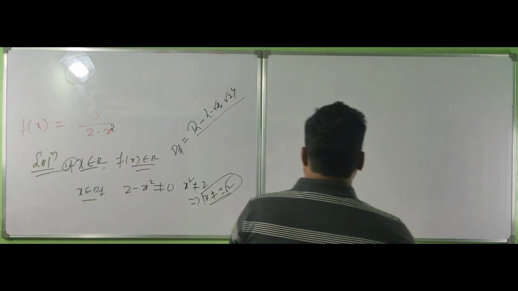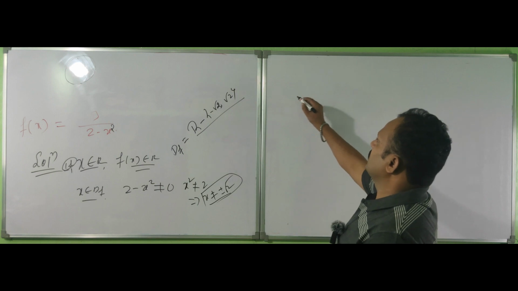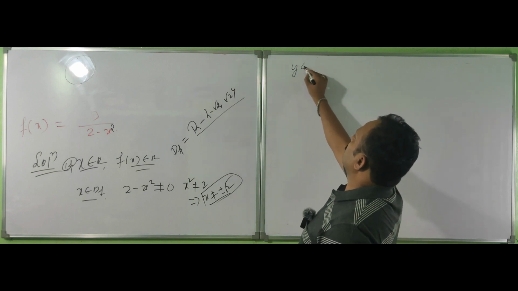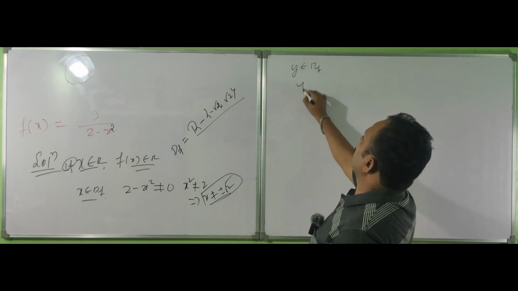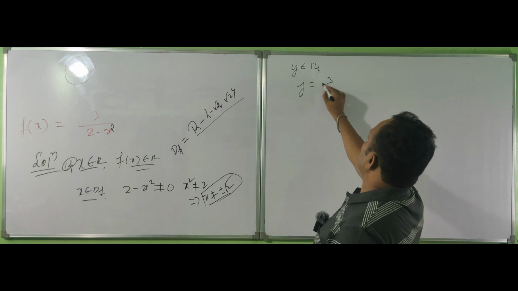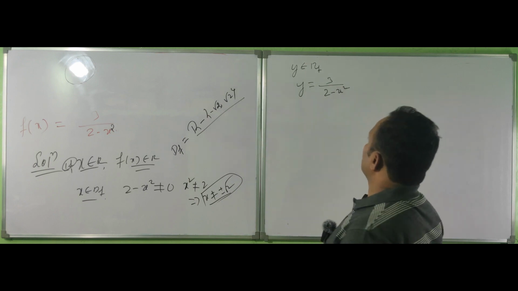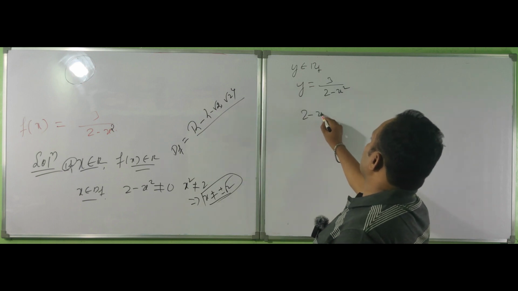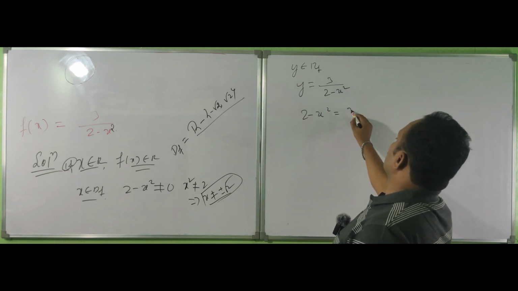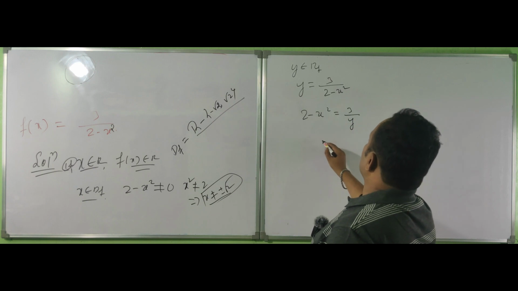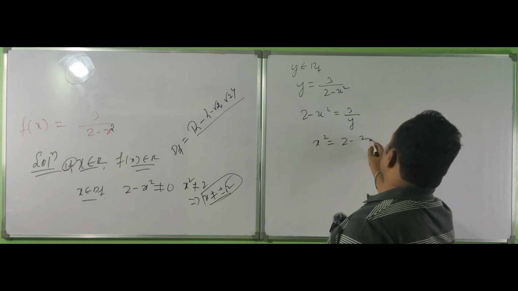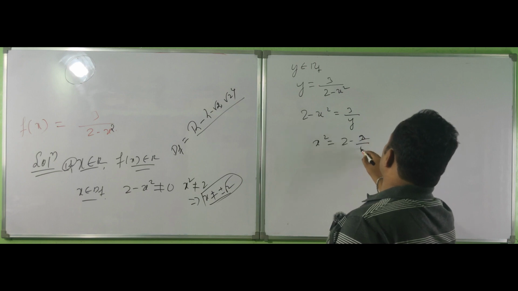Range is again, y belongs to range of f, therefore y is equal to 3 over 2 minus x square. 2 minus x square is equal to 3 by y. So I can write x square is equal to 2 minus 3 by y.